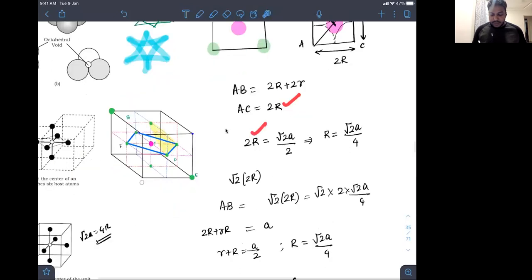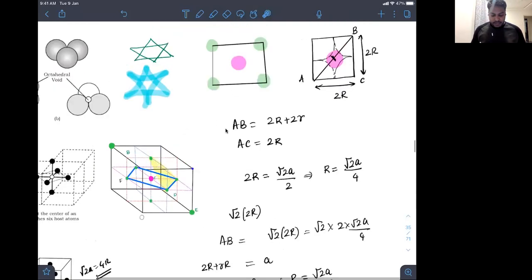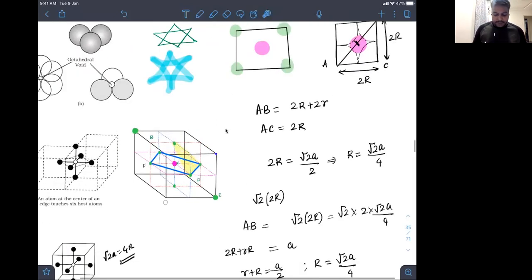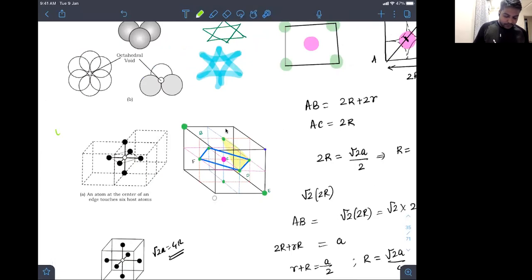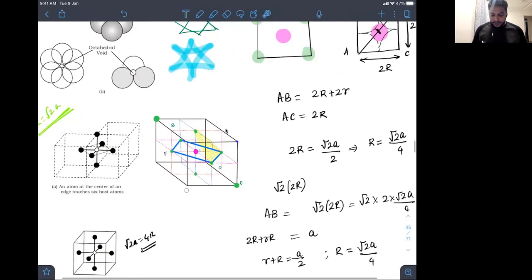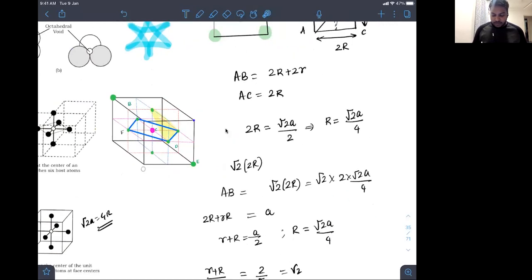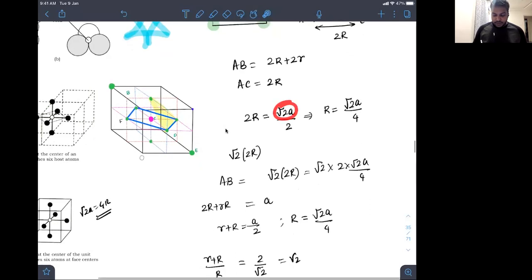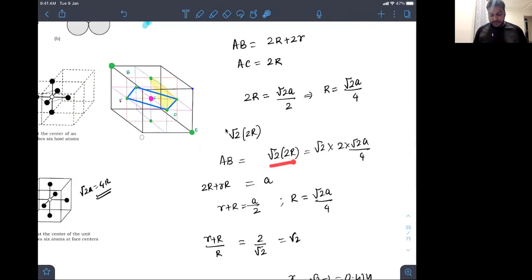So 2R will be equal to √2a by 2. Okay, because you know that in FCC we always know that 4R is equal to √2a. This is related always in FCC. We are using that fundamental here, that 2R is equal to √2a by 2. So √2 times of 2R, I have replaced that with a.